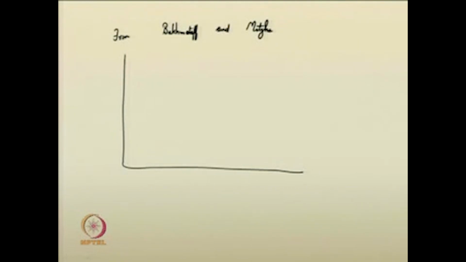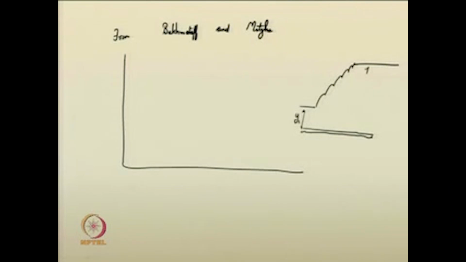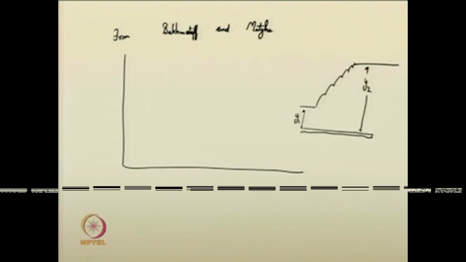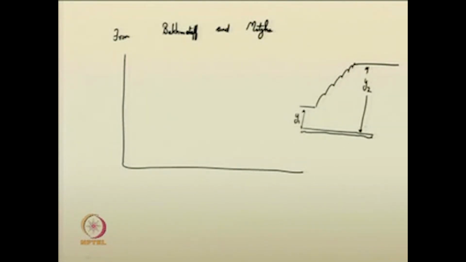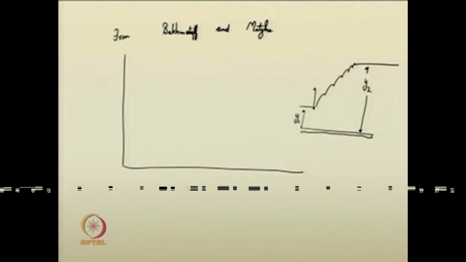So, if you have a hydraulic jump in an approximately horizontal channel, you have the depth of the channel as y 1, this as y 2.